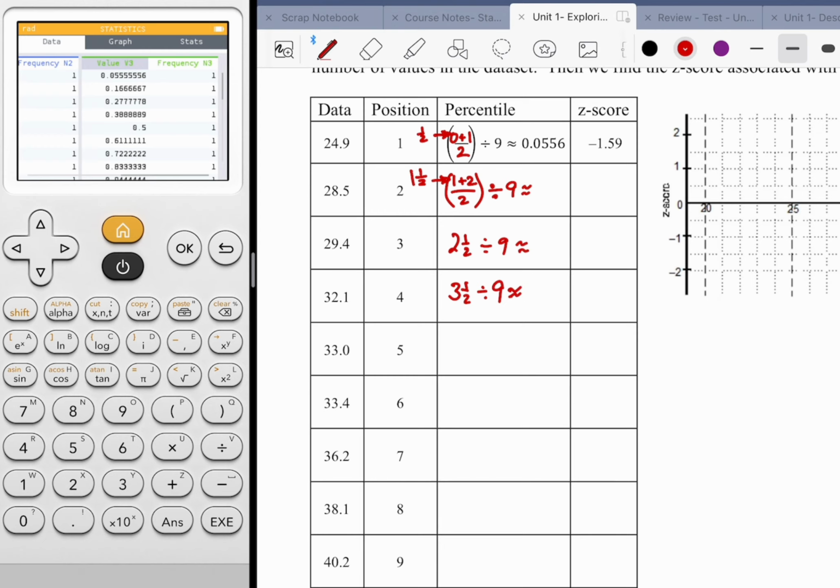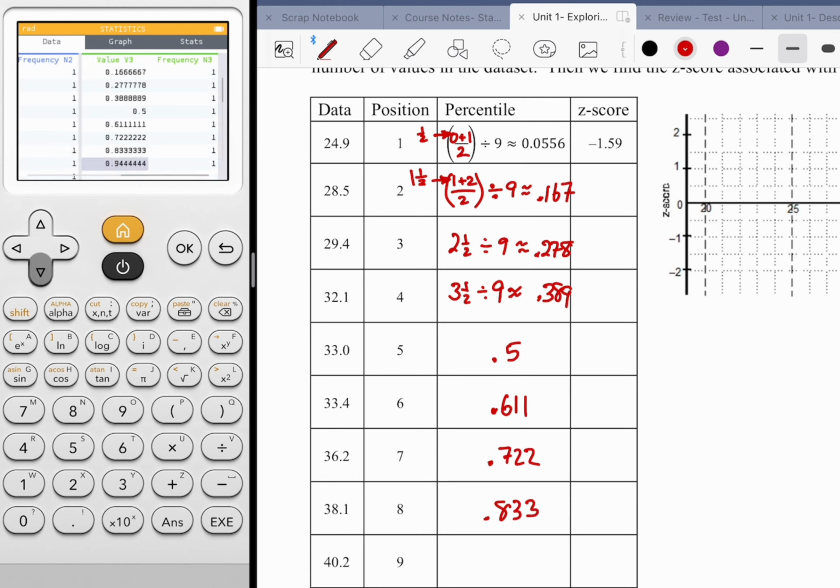So all of these decimals: 0.167, 0.278, and so on. 0.389, 0.5 even, 0.611, 0.722, cut out a lot of the work, 0.833, and the last one is 0.944.